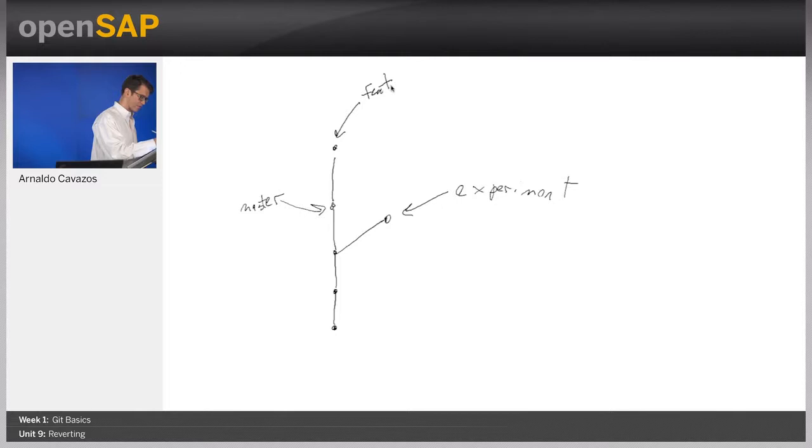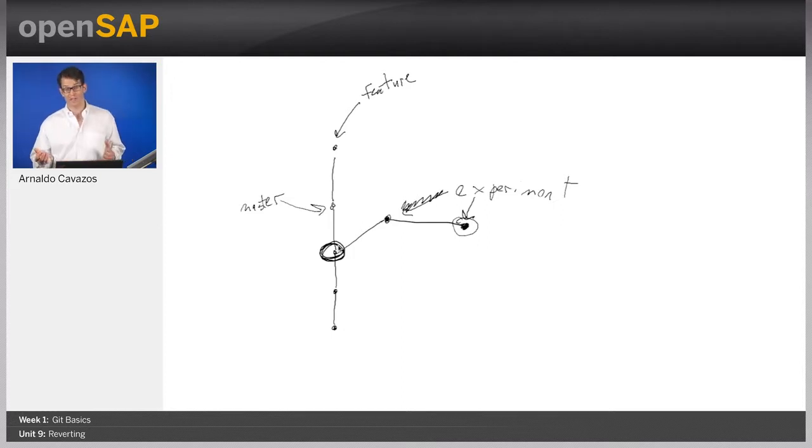This is roughly correct, but what we really care about right now is the experiment branch. We did a revert on this commit, which automatically created a new, I don't have an eraser here, so I'll just cross that out, a new commit, and put it here, and this commit here is the opposite of this commit here.